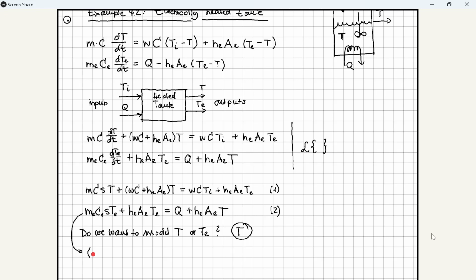We're going to factor out TE, so we are left with MECE times S plus HEAE, and then factor out the TE, equals Q plus HEAE times T. So now we can divide by everything that is in front of TE, so divided by MECES plus HEAE.